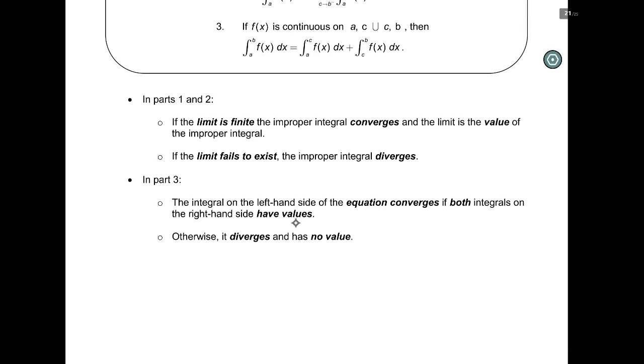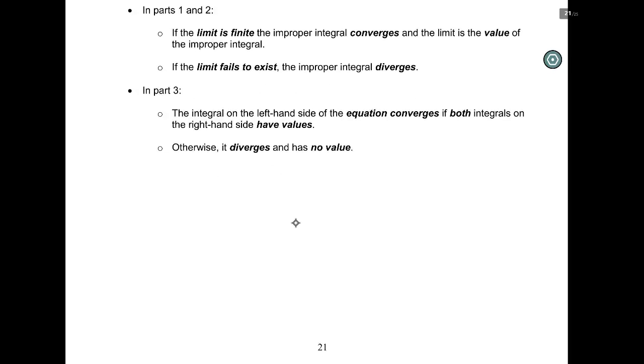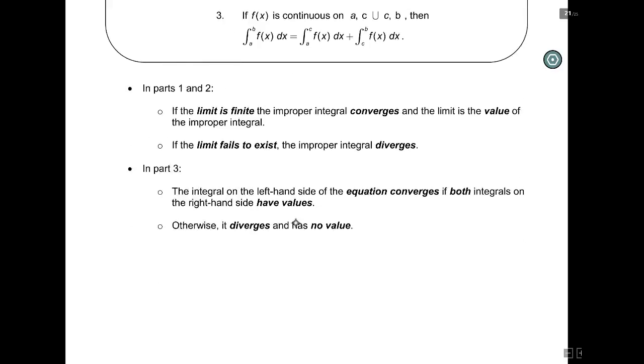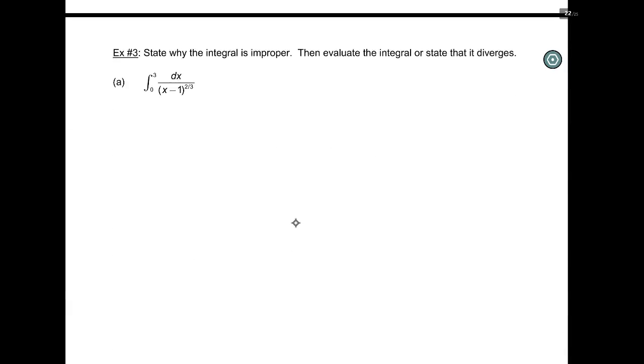So parts 1 and 2, again, are very similar to the last one. If the limit is finite, then the improper integral converges and the limit is the value. If the limit fails to exist, the improper integral diverges. And for part 3, we need to make sure that both of them converge. Otherwise, it diverges.